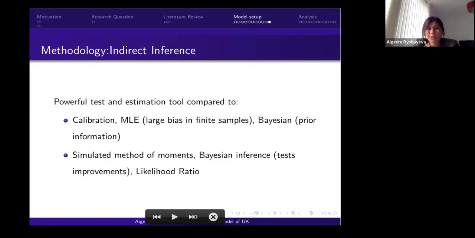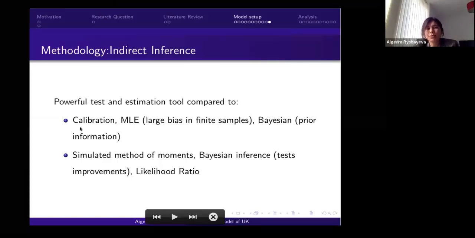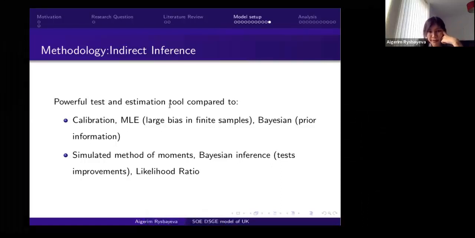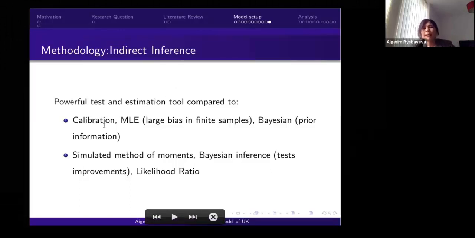Now let's talk about the methodology. I use indirect inference, which is actually quite similar to the simulated method of moments. Here I put two bullet points. First, I estimated the model using indirect inference. I also tested the model using indirect inference. Why do I use indirect inference rather than, for example, calibration or Bayesian estimation?